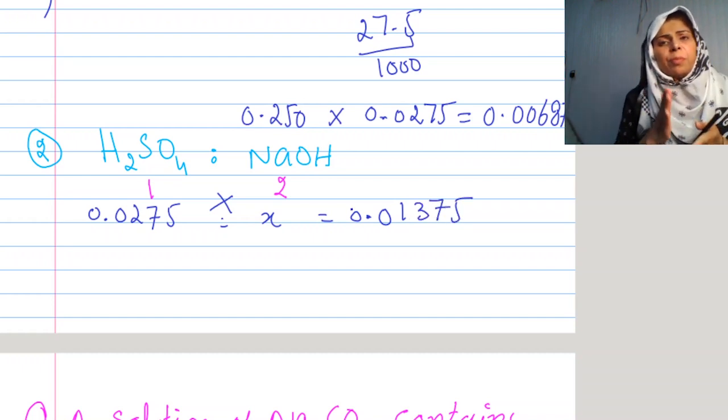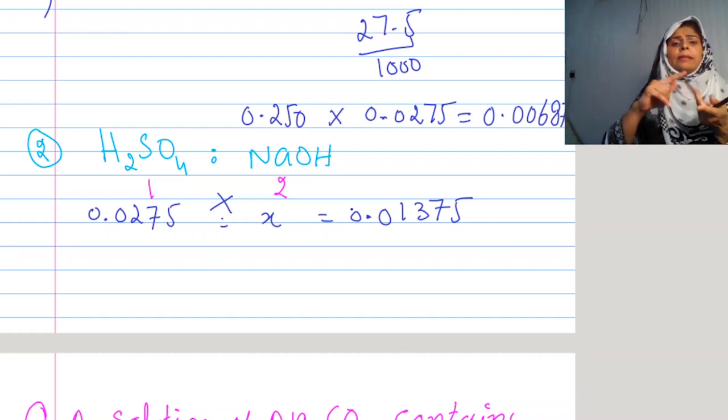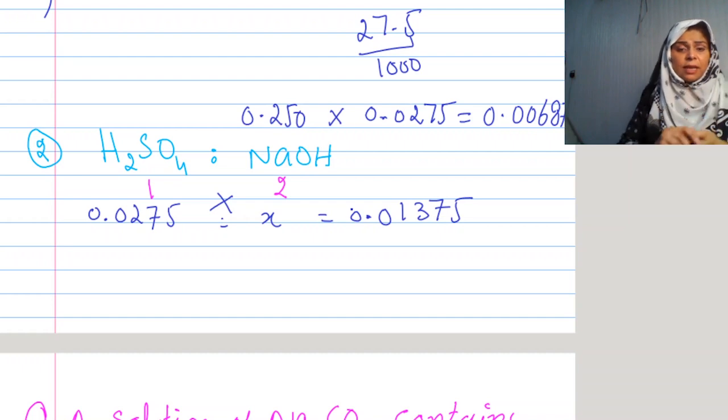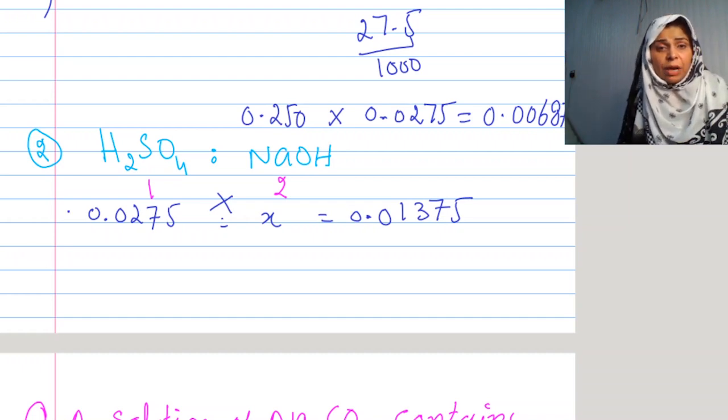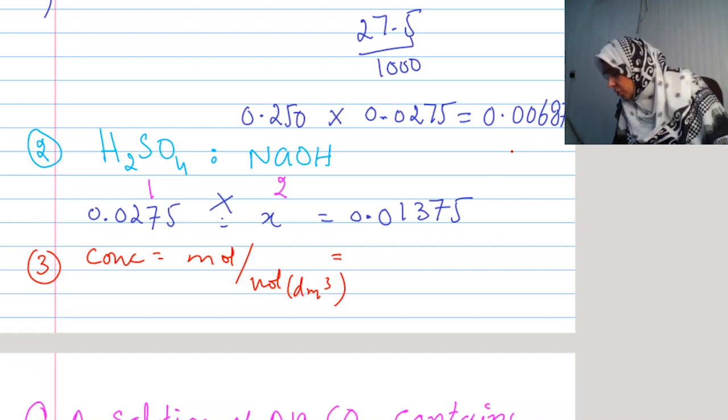So remember guys, what we have done. First of all, we have got the moles. Then we have got the ratio method, and then in the third point, what we have to find out, we'll focus on that. We have to calculate the concentration. The formula of concentration is moles per decimeter cube, or moles over volume in decimeter cube. Okay, what are the moles we have taken in the previous step? Yes, it is 0.